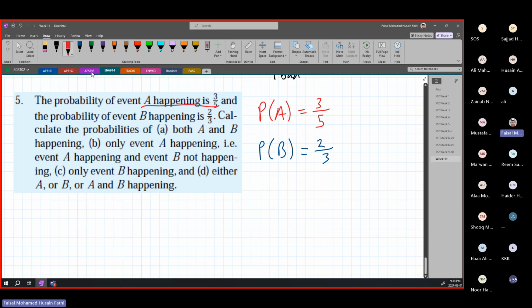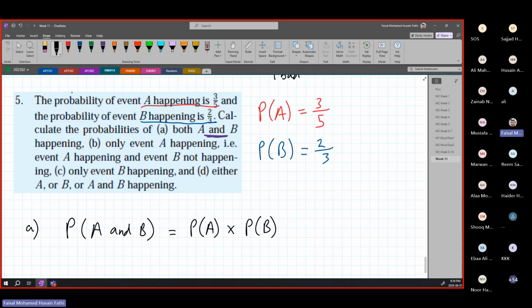This is what I mean. You need to look at the question. So this was our B happening is 2 over 3. So the first thing you're going to look at is the probability of A and B happening. That means you have P of A and B. This is for part A. In other words, this basically means it is the P of A times the P of B. Okay?